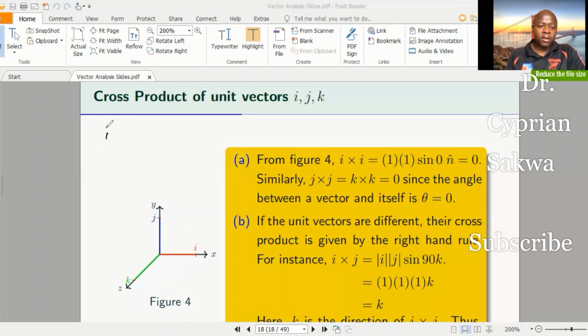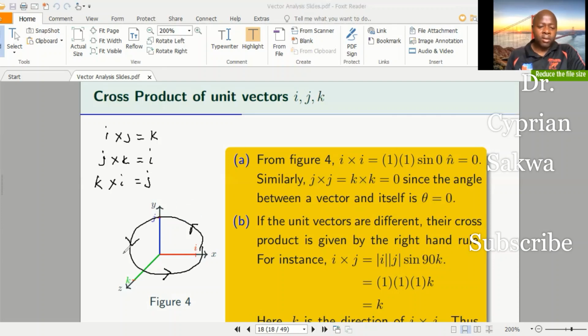I multiplied I times J and got K. And then in the same direction, I multiplied J times K and I got I. And then in the same direction, I multiplied K times I and got J. So I was multiplying them in this direction: I times J, J times K, K times I.